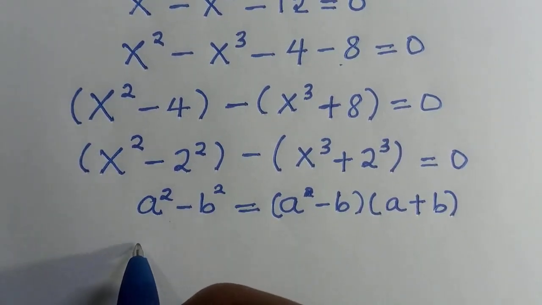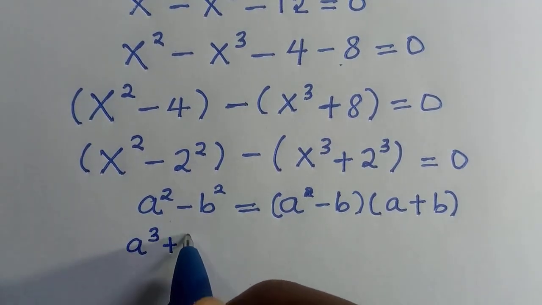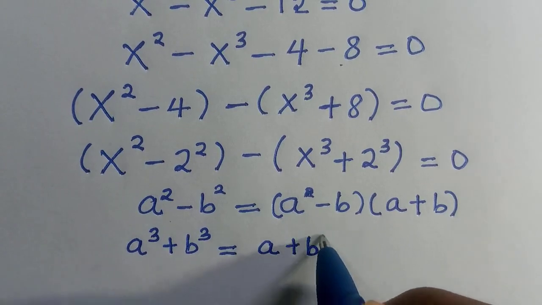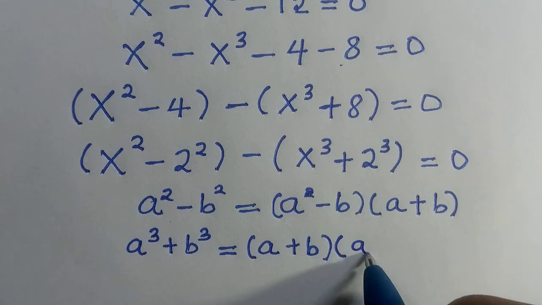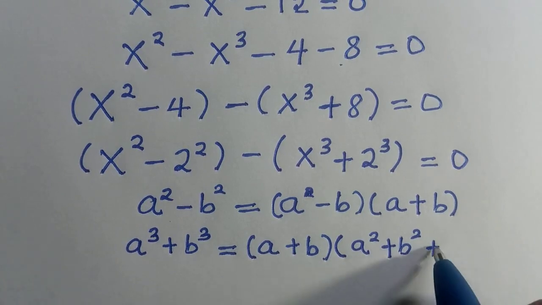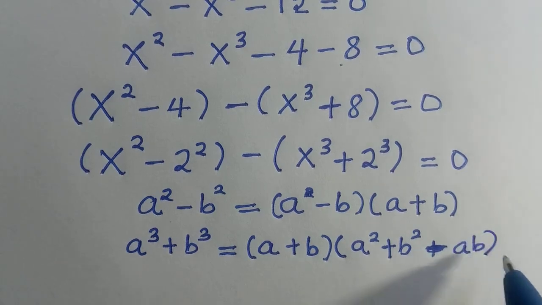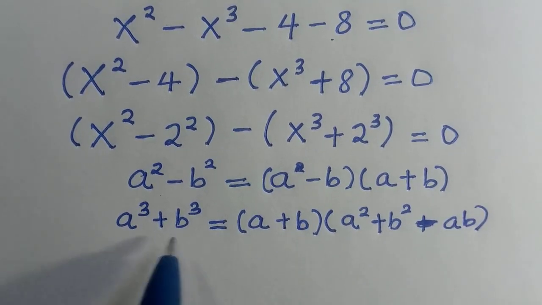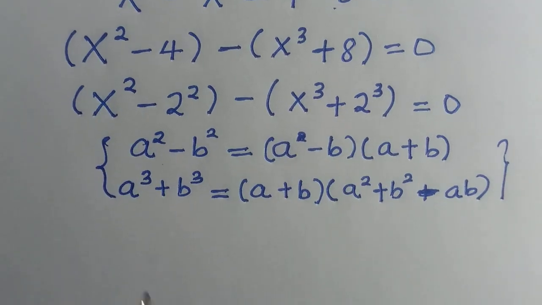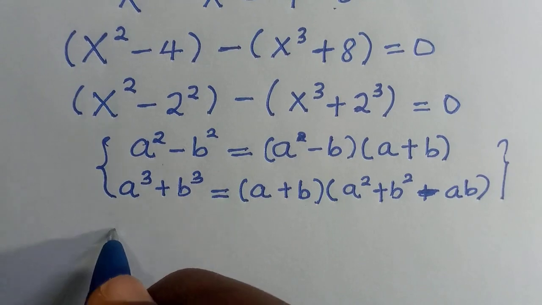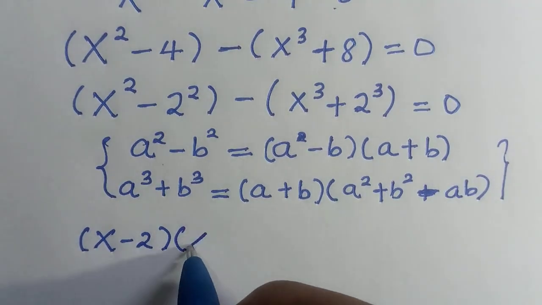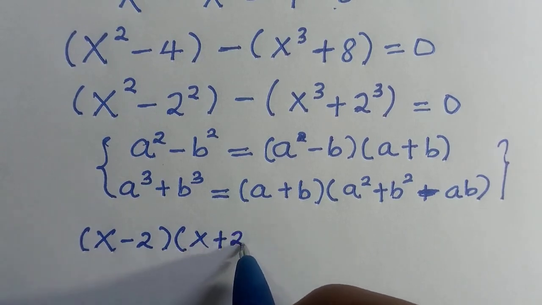So similarly, when we have a to the power of 3 plus b to the power of 3, we are going to have this as a plus b bracket a squared plus b squared minus ab. And so by applying these two identities in what we have here, we are going to arrive at, for the first one, x minus 2 in bracket, open bracket, x plus 2.